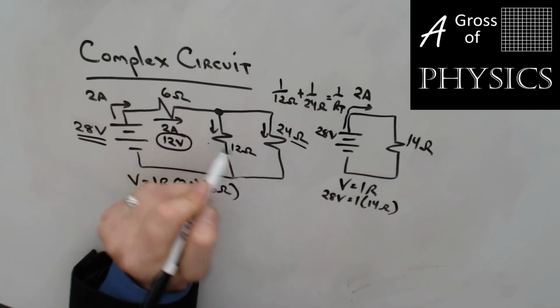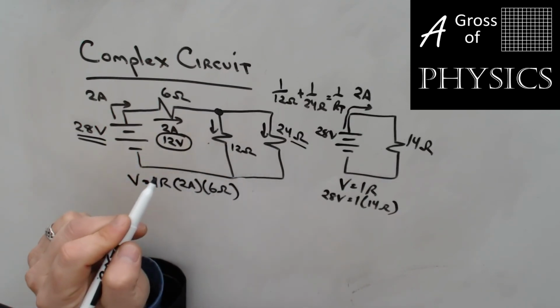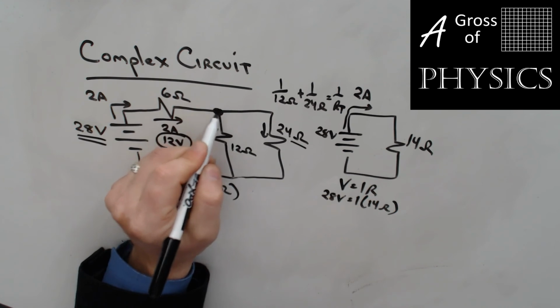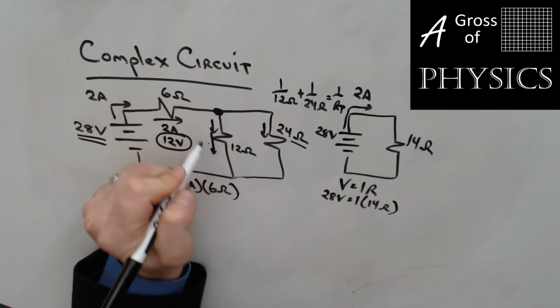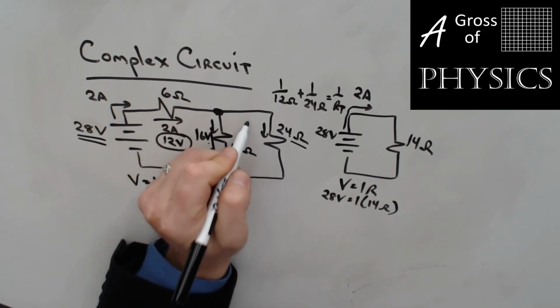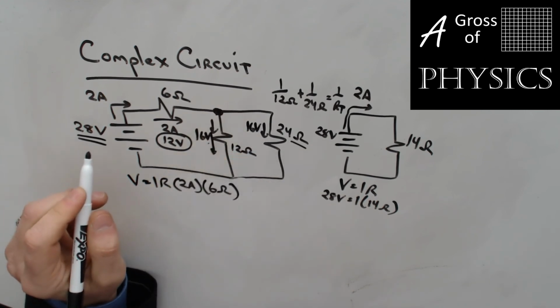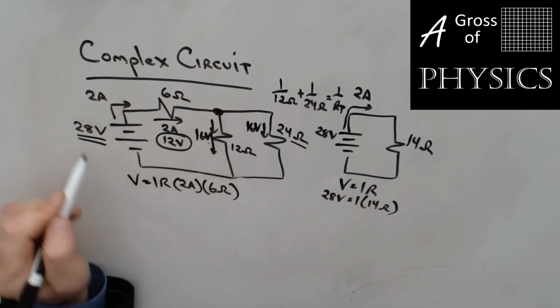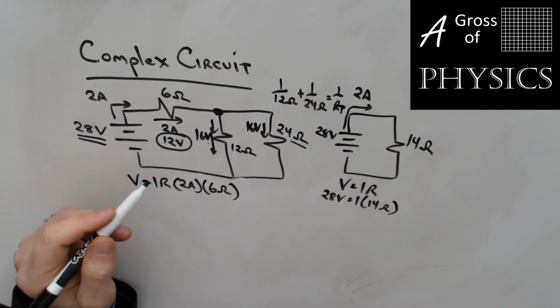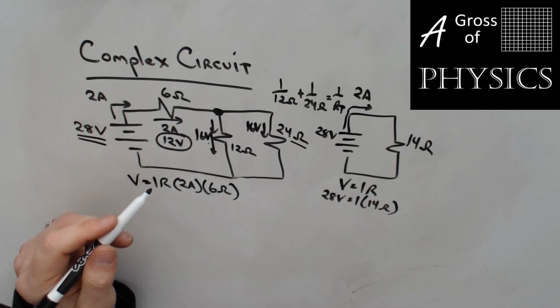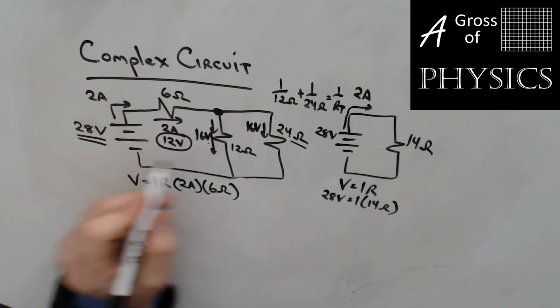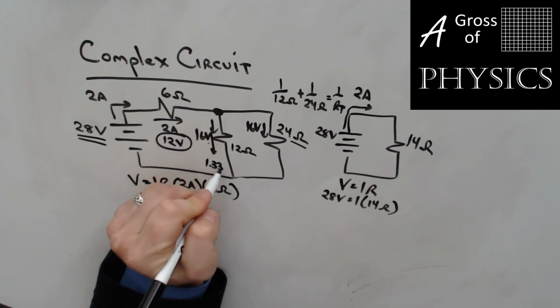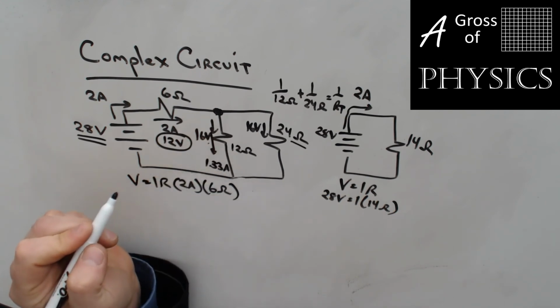Now, these are connected in parallel. So if there's 16 volts at this point, all 16 has to be dropped here, and all 16 volts has to be dropped there, because there's no other components on the way back to the battery. So 16 divided by 12 gets me a current of 1.33 amps.